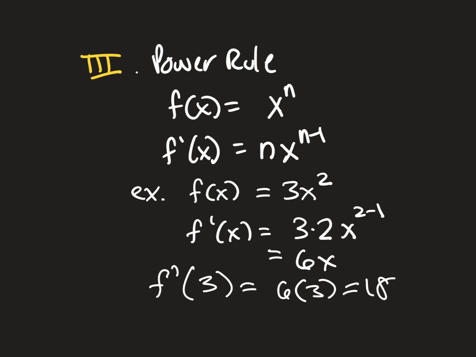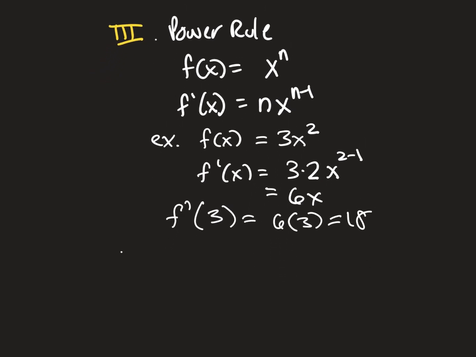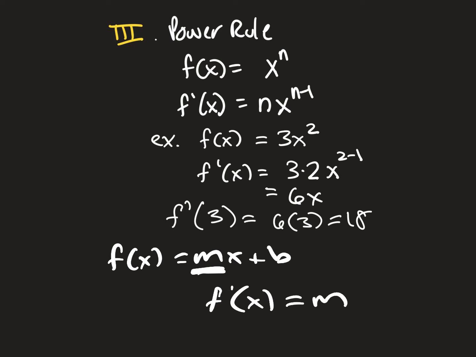Then we also said if we have the equation of a line, so say f of x equals mx plus b, what's the derivative there? Well, the derivative is, remember, the slope of the tangent line. So if it's a line itself, the derivative is just m.